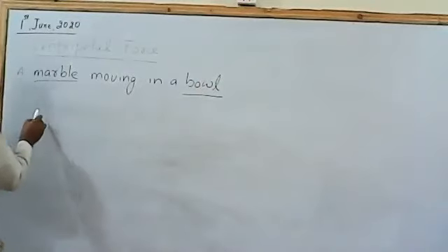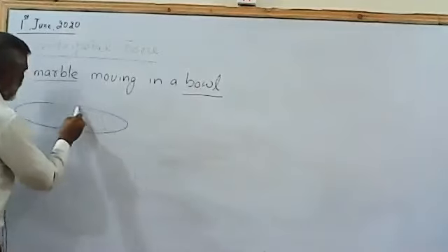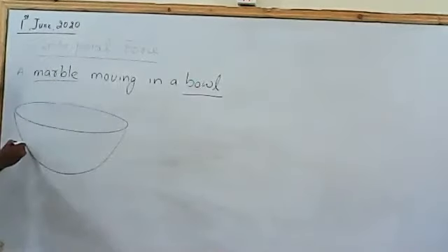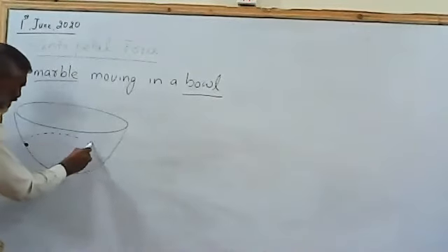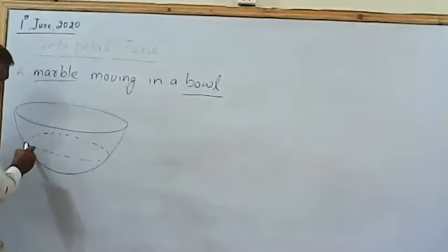And the situation is this. Look at this. This is a large bowl in which a marble is placed here initially, and then you push it away from you so that it remains in contact with the surface of the bowl, but it moves in a circle of certain radius.